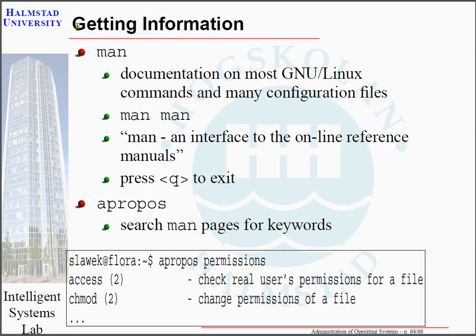So this is actually a lot of information, and I'm not expecting you to remember all of it. That's way too much. And there is basically no reason, because there is a lot of documentation that's available about GNU Linux systems. And a lot of it is built in. So there is a command called man, which offers documentation on most GNU Linux commands and configuration files.